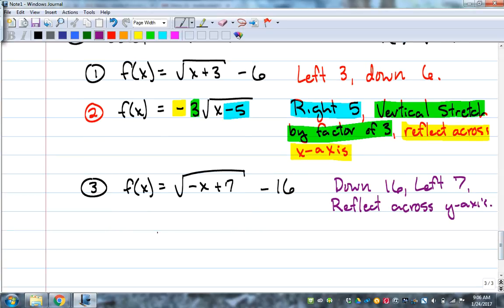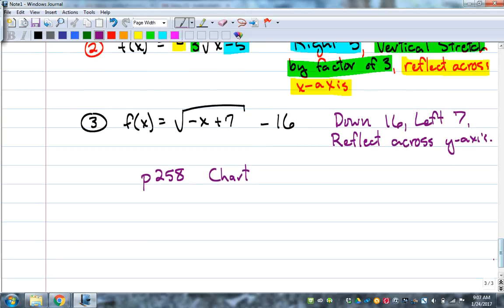There's a chart in your book on page 258 that kind of organizes this. It's like what we wrote down on that first page of notes, but it's in a chart form that can help you. So in your book on page 258, there's a nice chart that can help you a little bit more, maybe organize it a little bit differently, and maybe it helps it make sense.